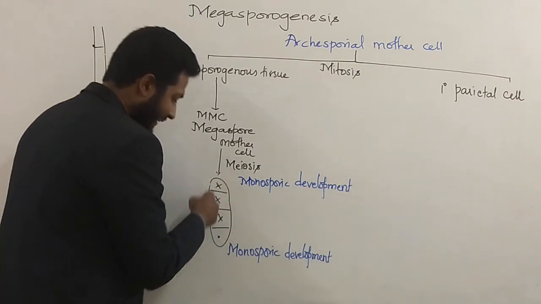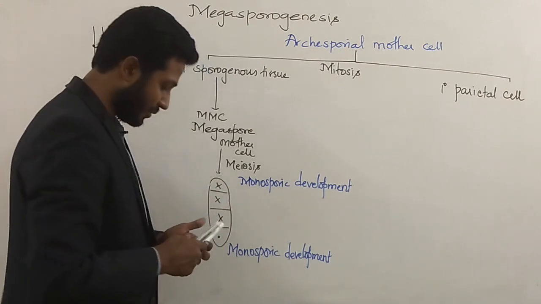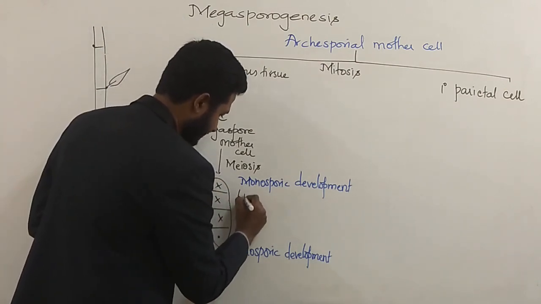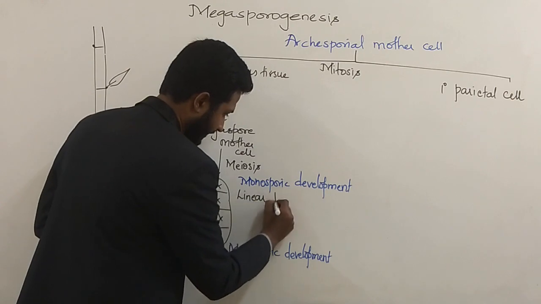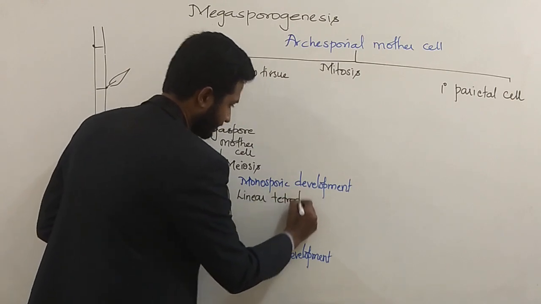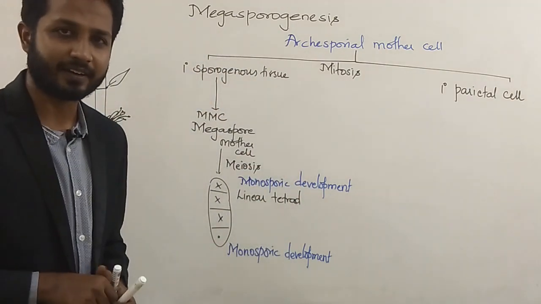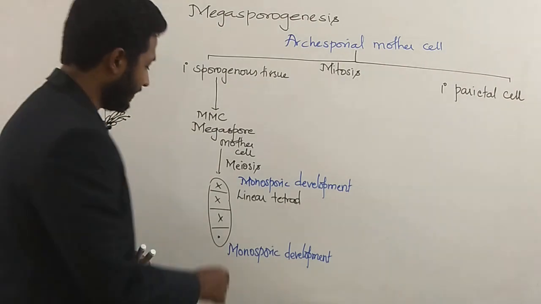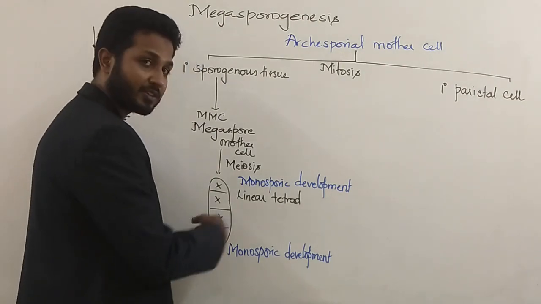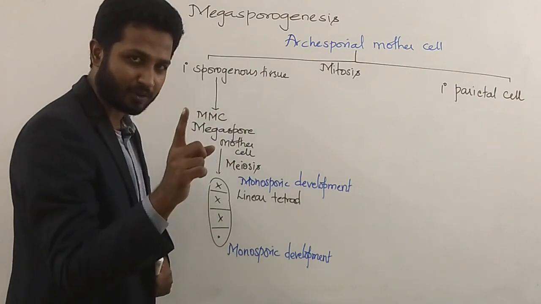Now, what exactly is this structure known as? It is known as linear tetrad. Now, this particular cell is gonna develop into the entire embryo sac. That is what I told.